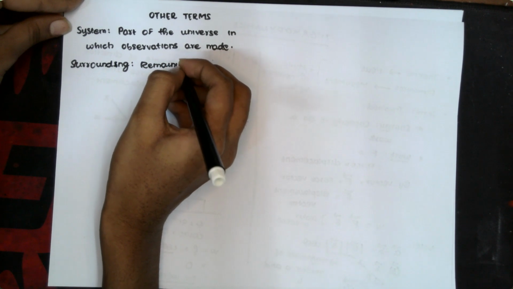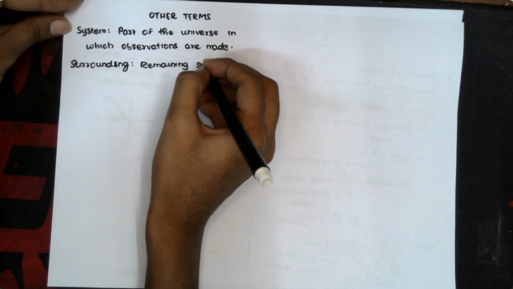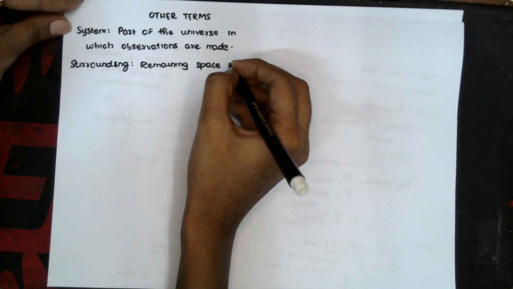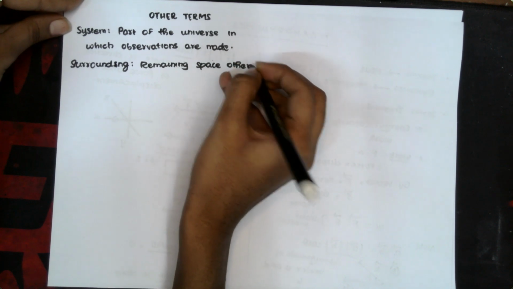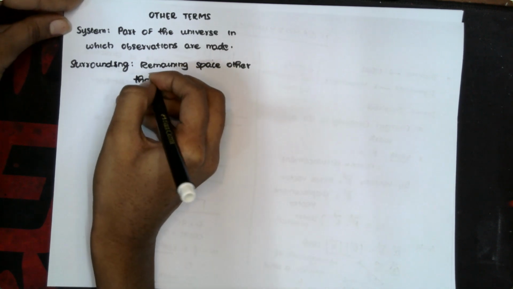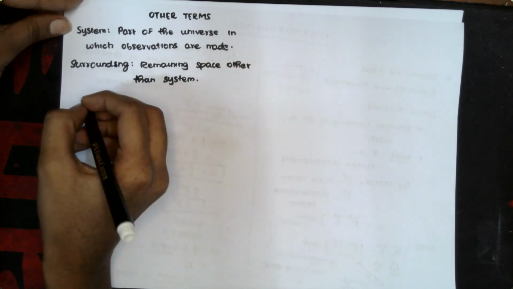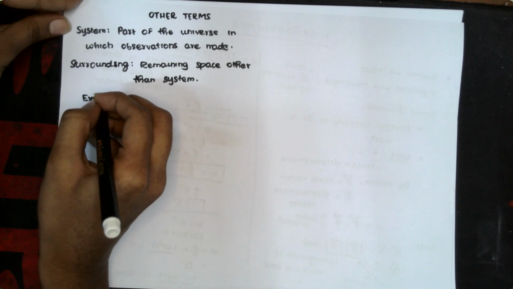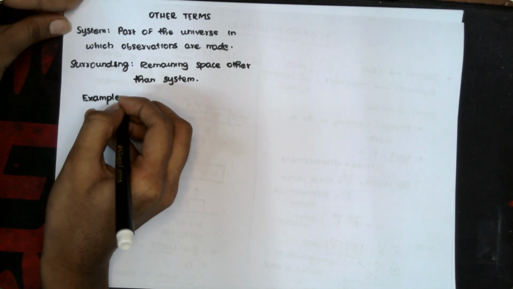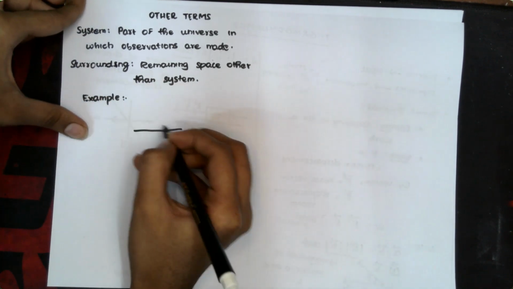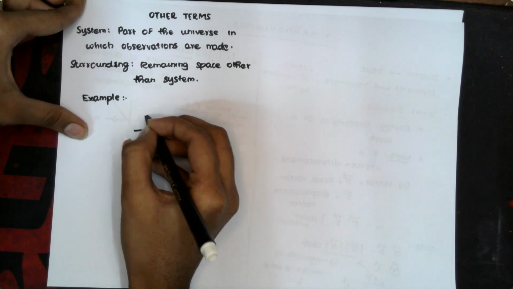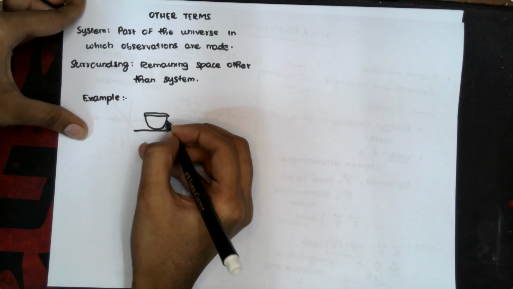For example, I am having a cup of tea. That is, tea is kept in the cup. Let us assume that alone is in this universe. Right? Now, the cup of tea, that is tea, is the system.